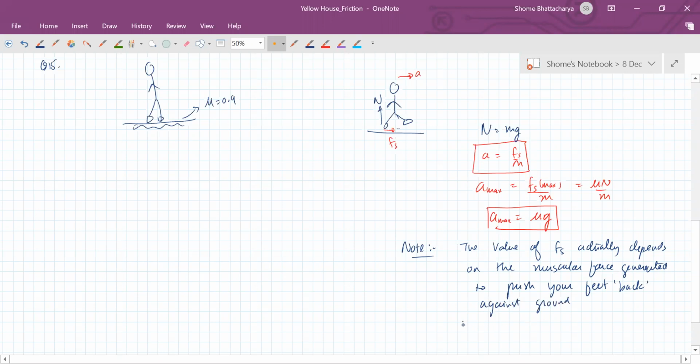That's why in general it will be less than or equal to mu n. So that's one thing.